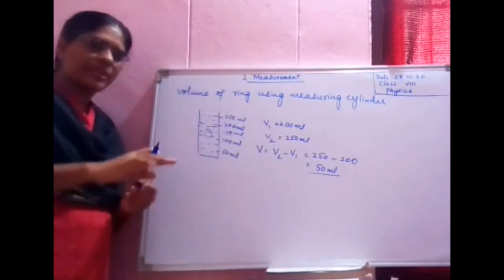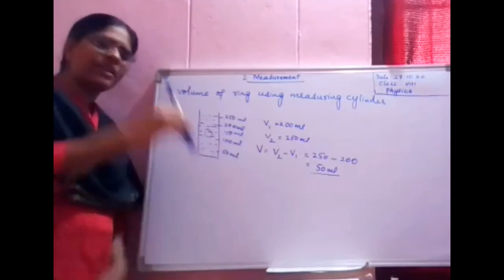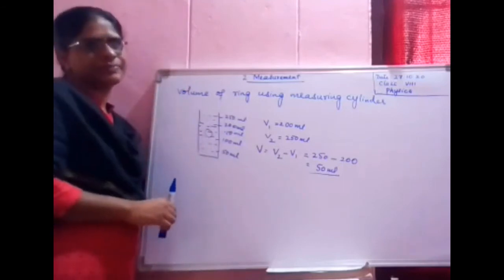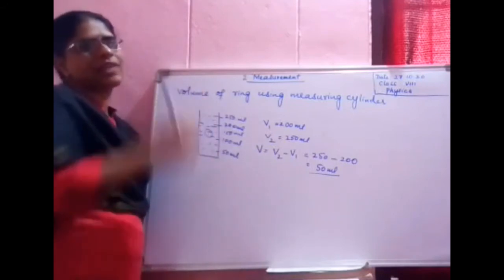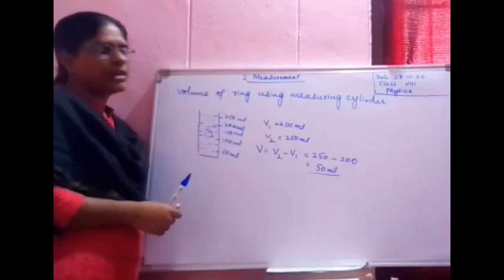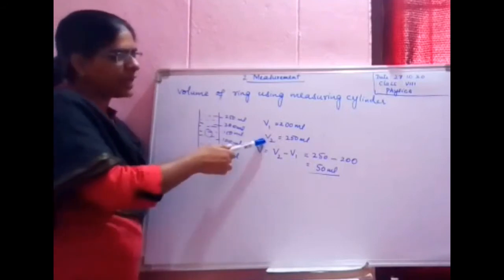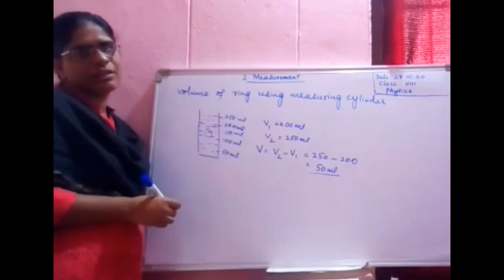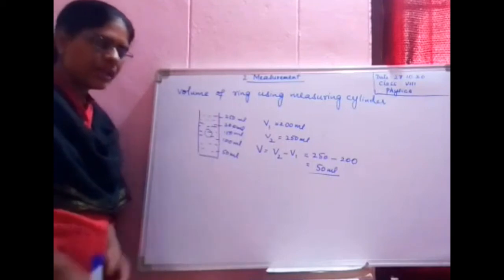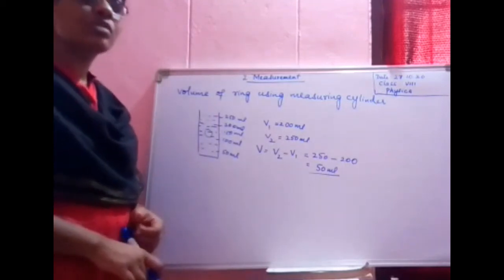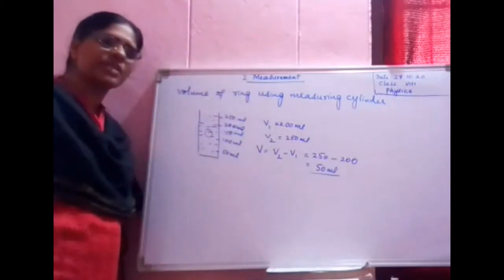After placing the gold ring inside the cylinder, he has placed it on the table. Then he observed there is an increase in the level of the liquid. In order to find the volume of the gold ring, he has done final minus initial. That gives the volume of the gold ring. Like this, we can find the volume of a gold ring using your measuring cylinder.